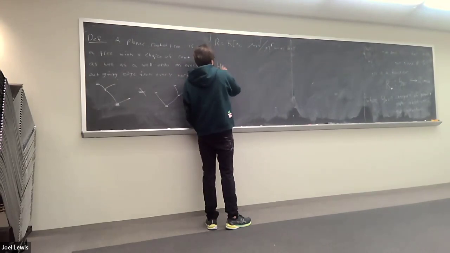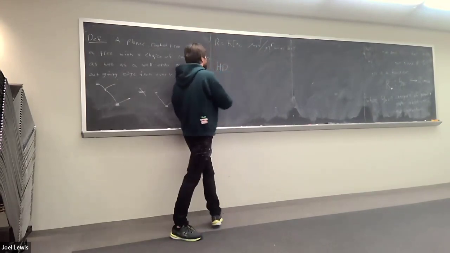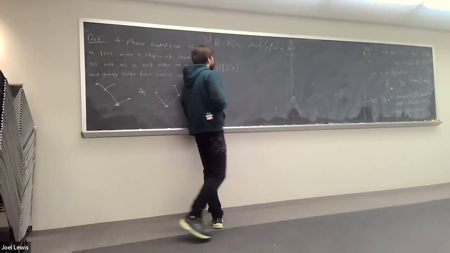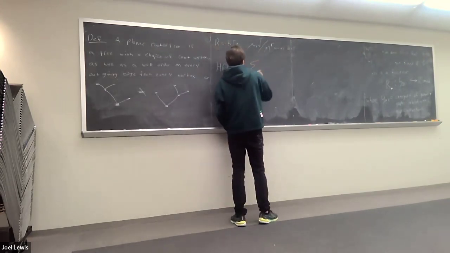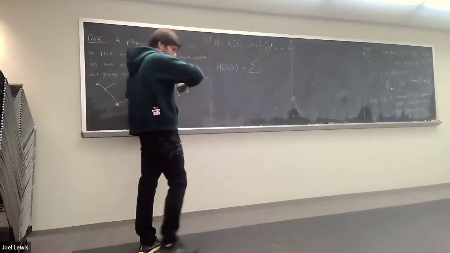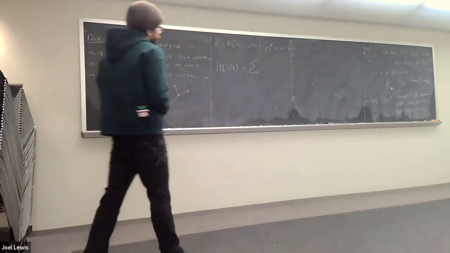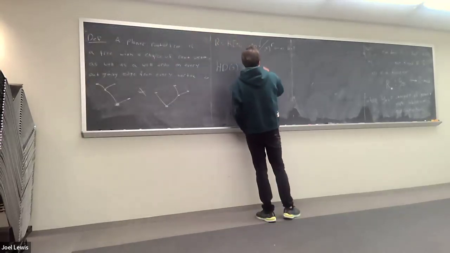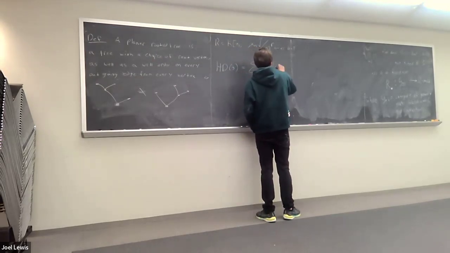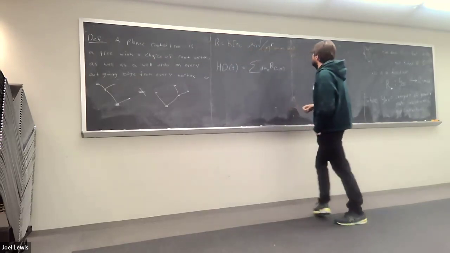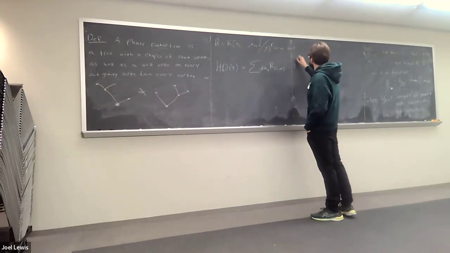Okay, so now I'm going to define the Hilbert series for you, H_R(t). It's defined as follows. This is going to be the sum. I'm strategically not going to tell you what the sum is over. Of the dimension over k of the ring of generalized splines times t to the number of edges.